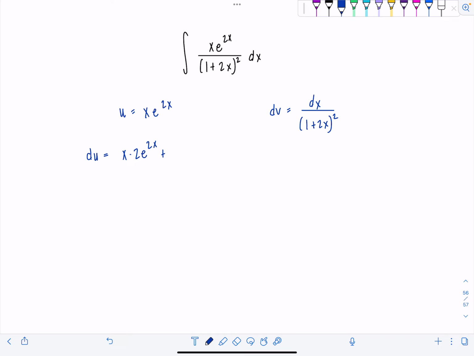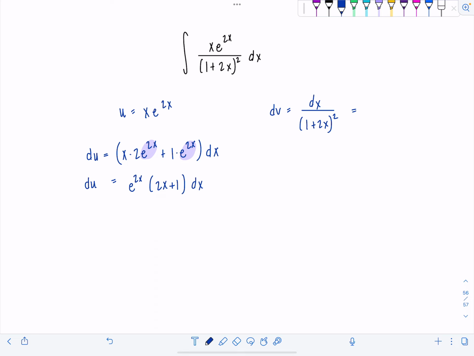Plus, now derivative of x is just 1, and then I leave e to the 2x alone, and then I have dx. I'm noticing also that both terms here have an e to the 2x in them, so I'll go ahead and factor that out. So e to the 2x times (2x plus 1) dx. That's my du.